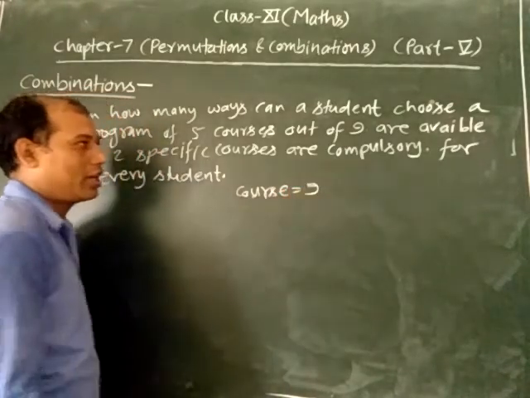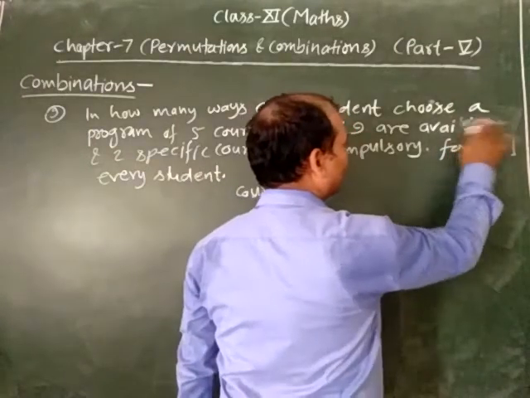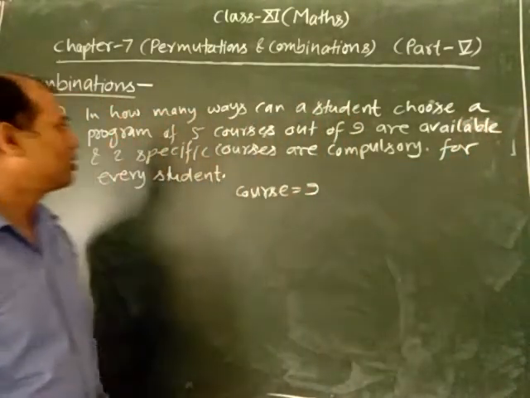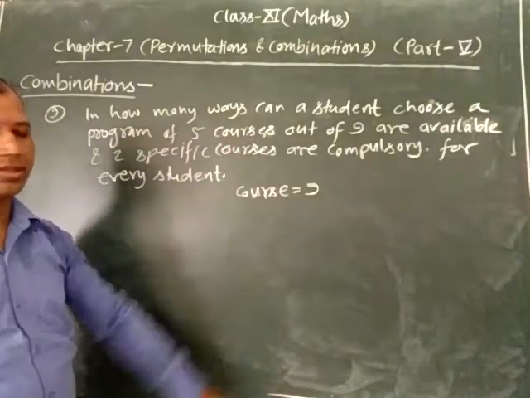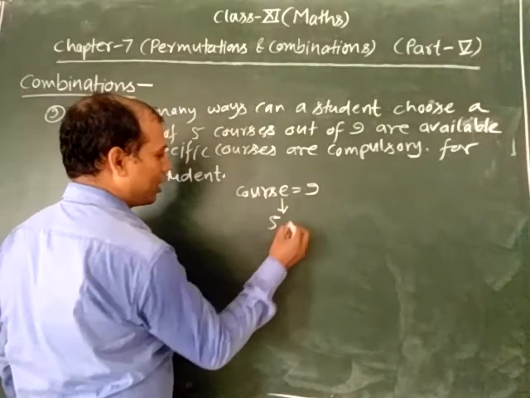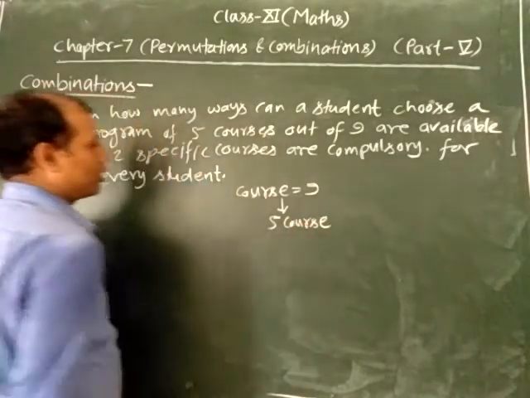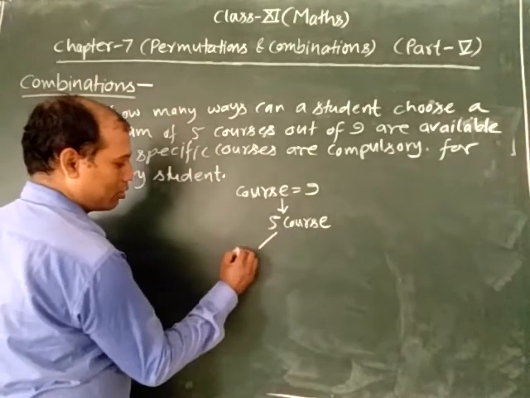How many courses are there? 9 courses. And out of these, we have to select 5 courses out of 9 courses. In these 5 courses, 2 specific courses are compulsory.